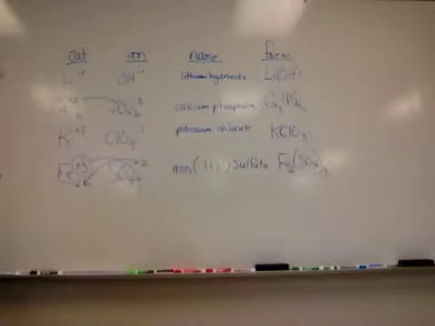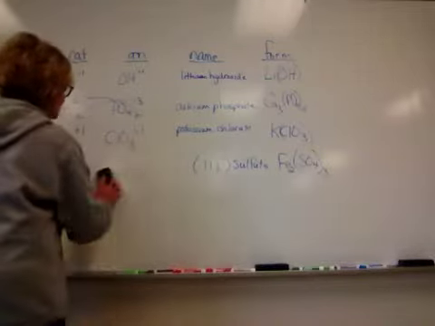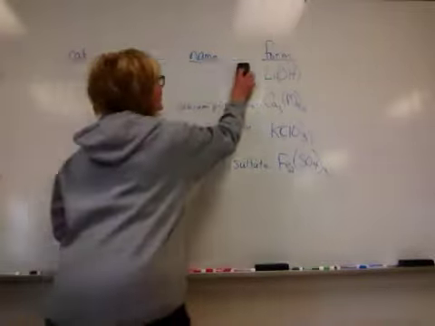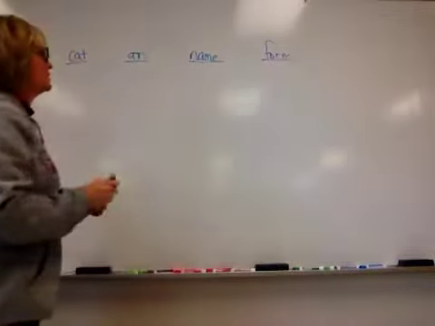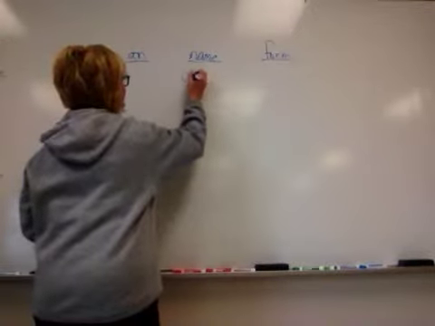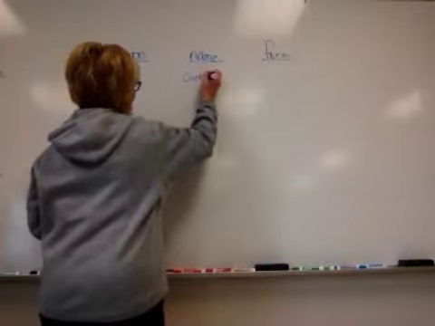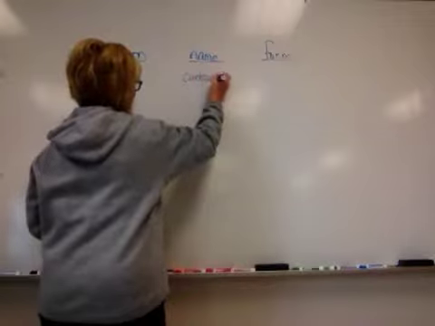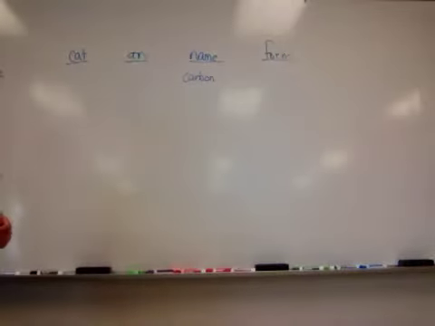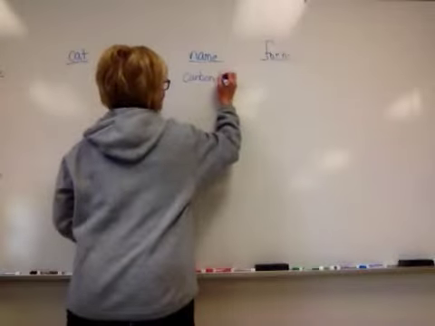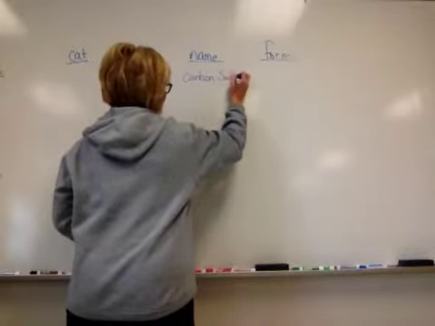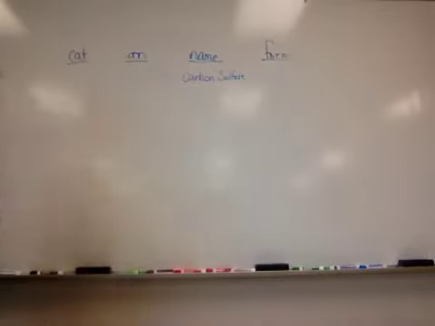Okay, then I've had a request, so let's do, what should I put up here? I'm going to do a name. I'm going to do carbon and sulfide, which in reality is covalent, but to practice, this will be a good one for practicing what we're looking at.